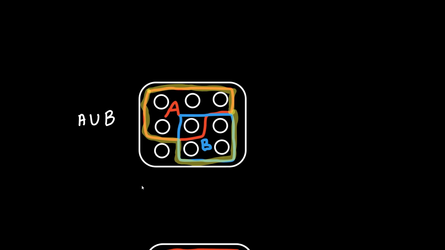In our example, we have event A with 5 pebbles and event B with 4 pebbles. The union of A and B will form a new event that will contain 8 pebbles. Since there is one pebble that is common between A and B, the union operation results in 8 pebbles and not 9.